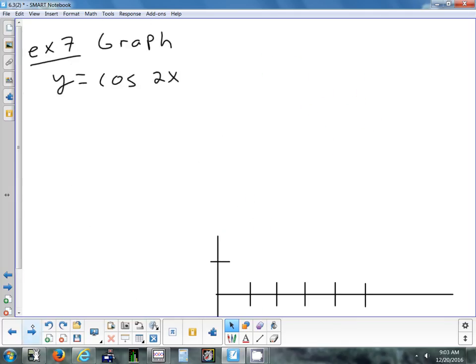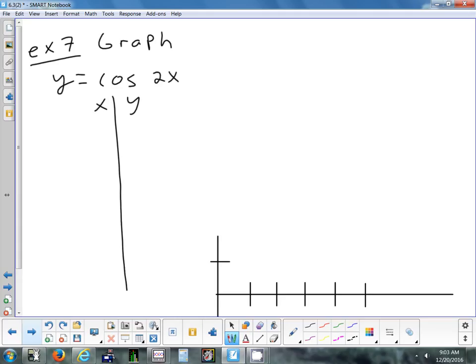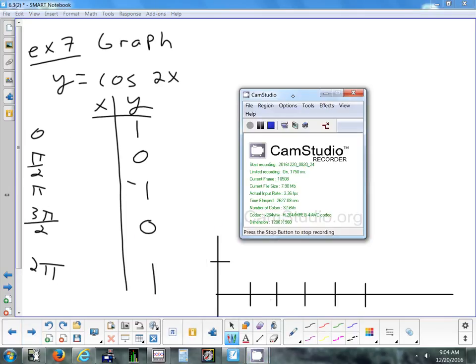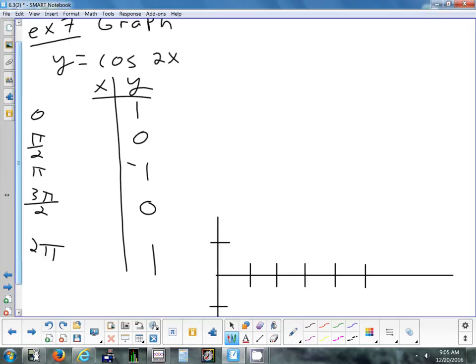All right, so try cosine 2x. So take a second, see if you can figure out all the x values. Okay, so you're going to take all of these x's here and divide them by 2, which is the same as multiplying them by a half.